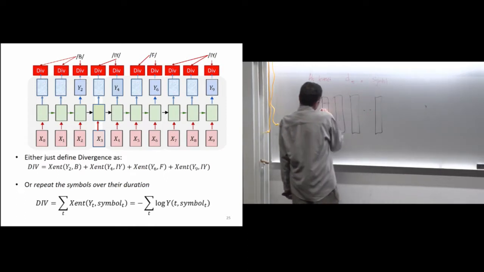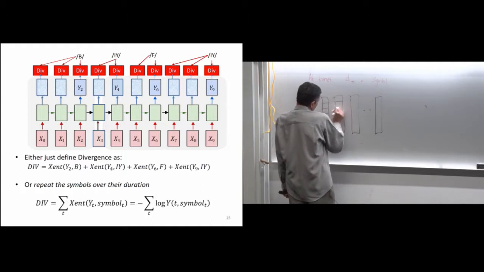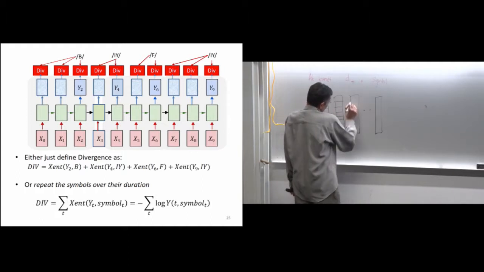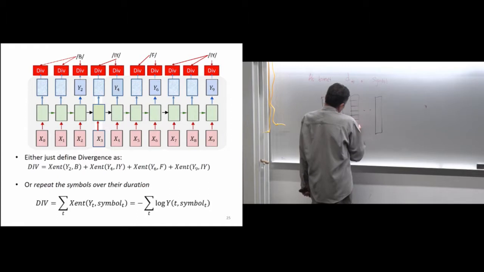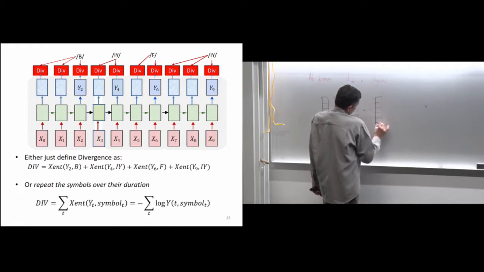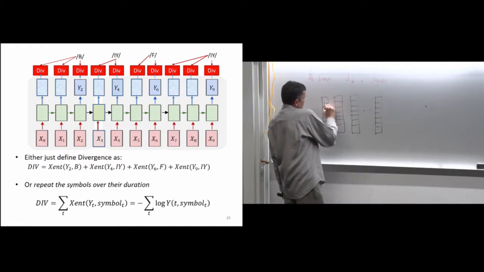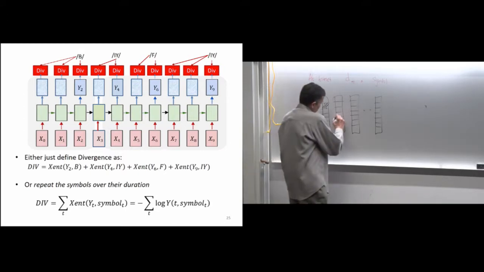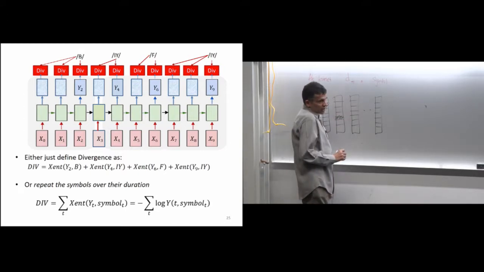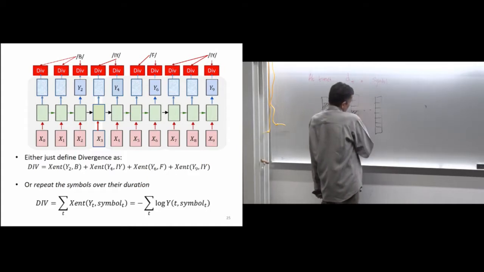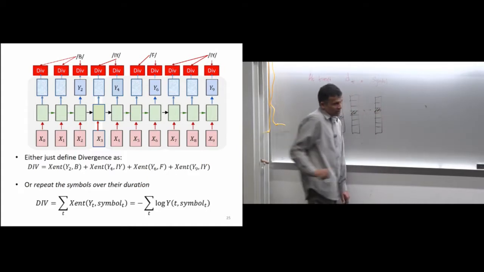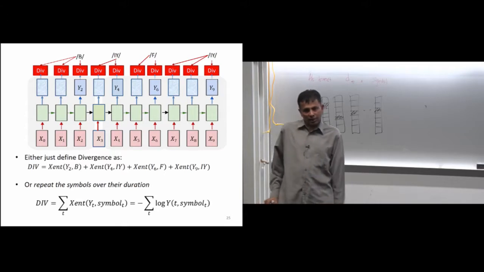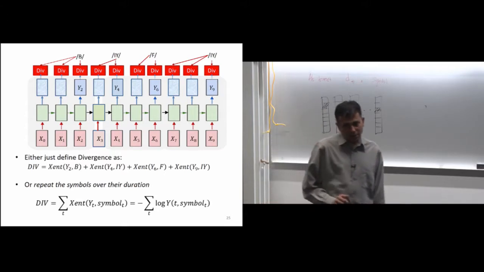And this might be the output corresponding to the target symbol at time 1, this at time 2, this at time 3, and this at time 4.